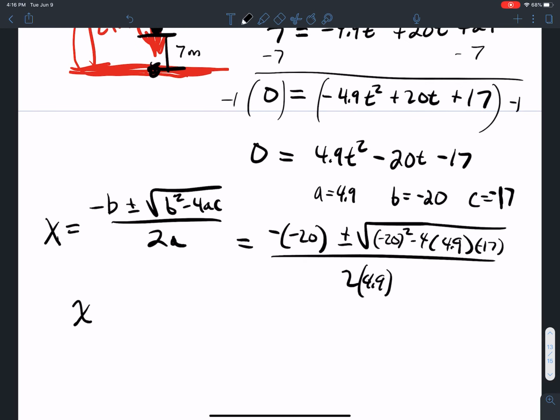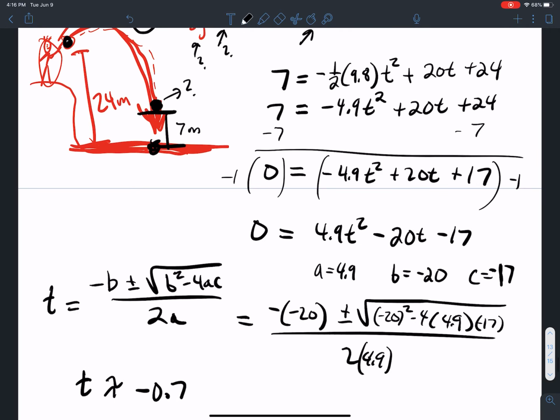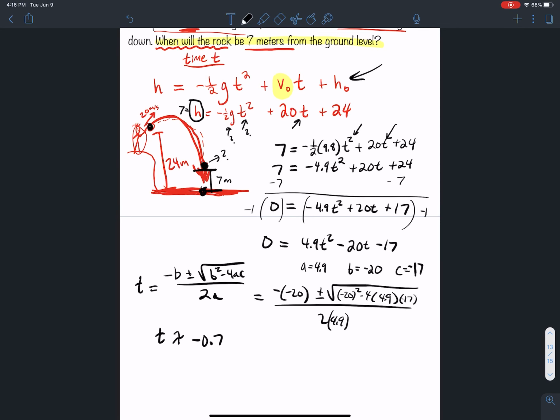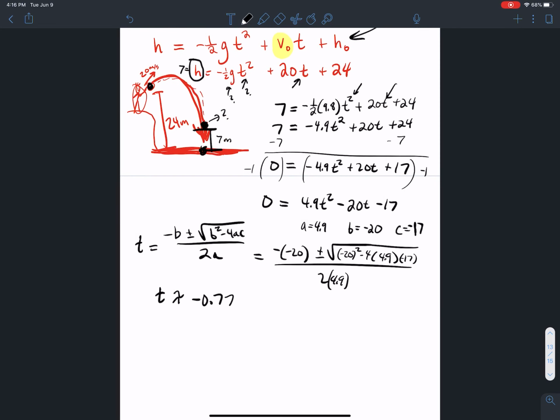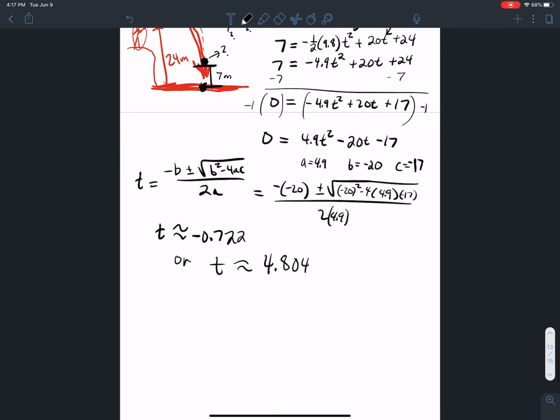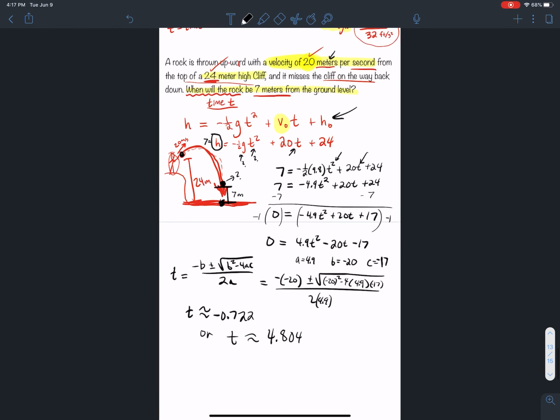When I type that in my calculator, I get approximately negative 0.7. Uh-oh, I used this wrong. This isn't x, this is t, because t is the variable. So t is roughly negative 0.722, or t is roughly 4.804.